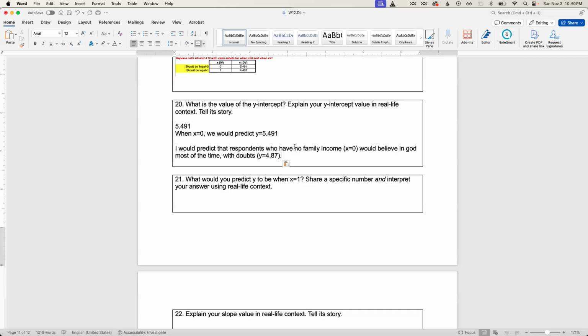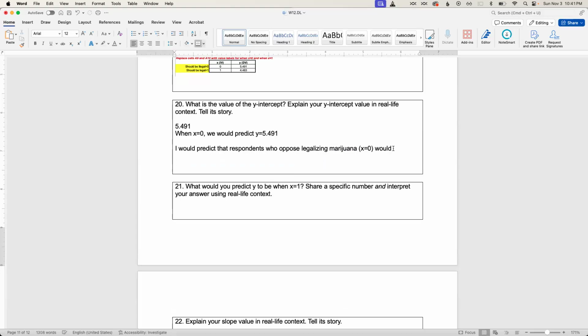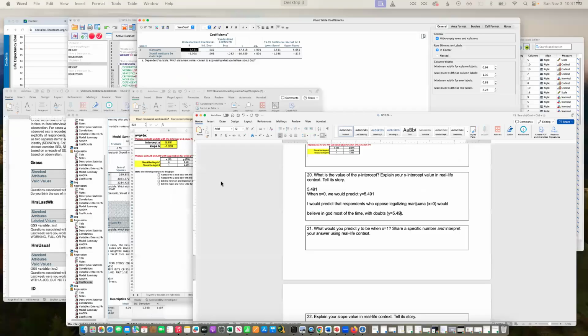I would predict that respondents who are at 0, so what does x equals 0 mean? Who oppose legalizing marijuana, who said we should not legalize marijuana, would be at a 5.49. So like halfway between 5 and 6.